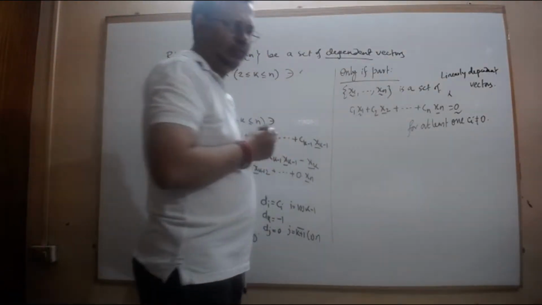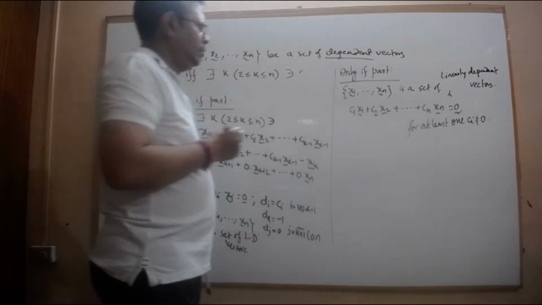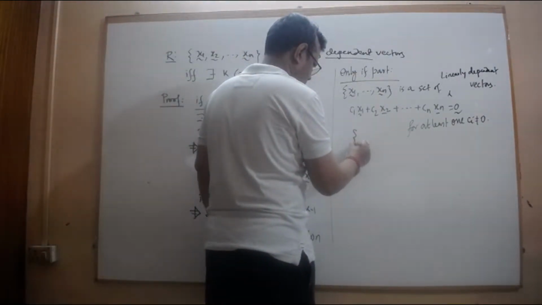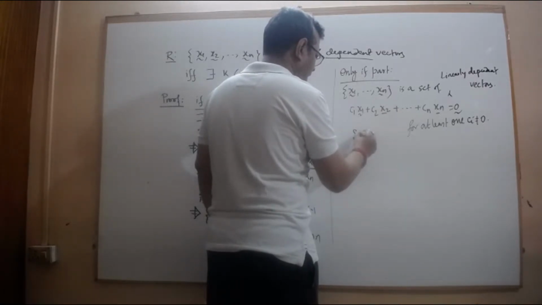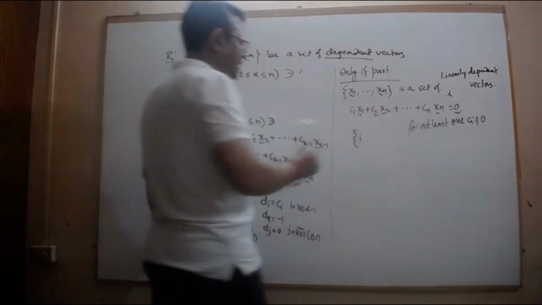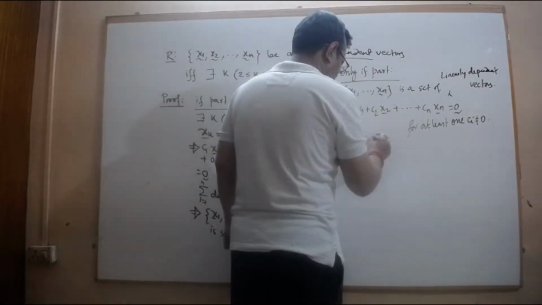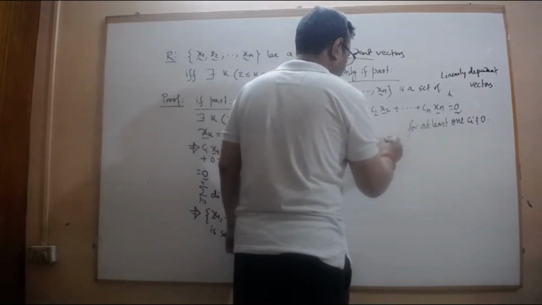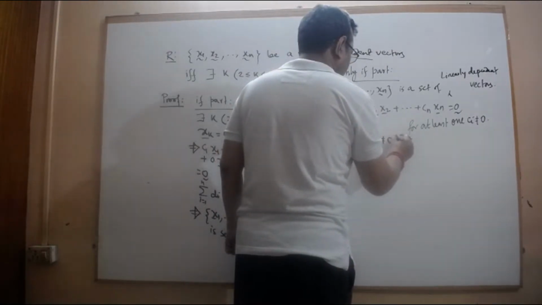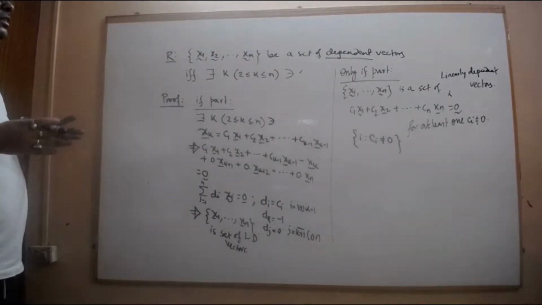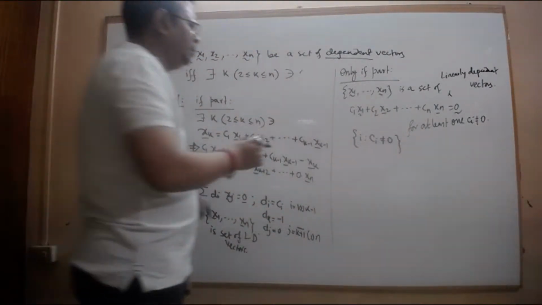So define a set. This set is a collection of indices i, a collection of those indices for which ci is not equal to 0. And since this is a finite set, it has a supremum.